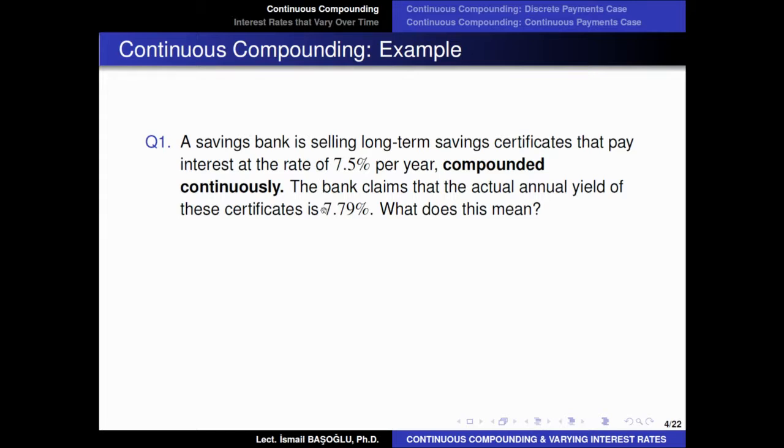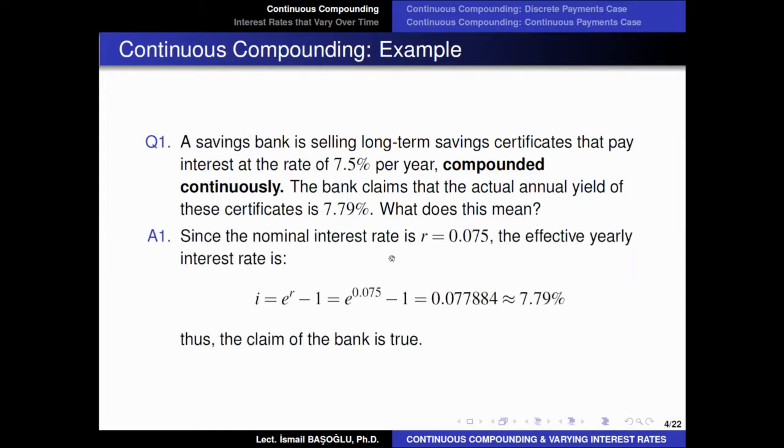The question asks. Actually, this is very easy. According to the formulation that we have learned on the previous page, in this question the nominal interest rate is 0.075 as decimal, and under continuous compounding, the effective interest rate per year will be calculated as e to the power r minus 1, which is e to the power 0.075 minus 1, and that is equal to 0.07788 approximately.